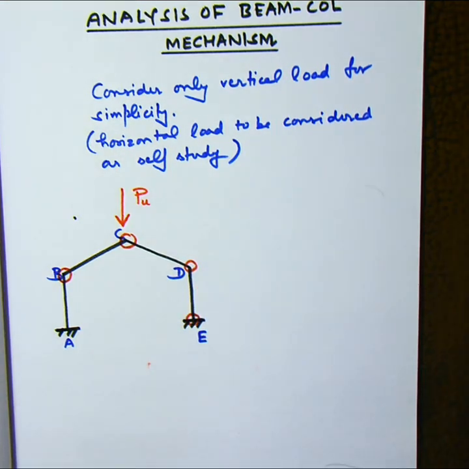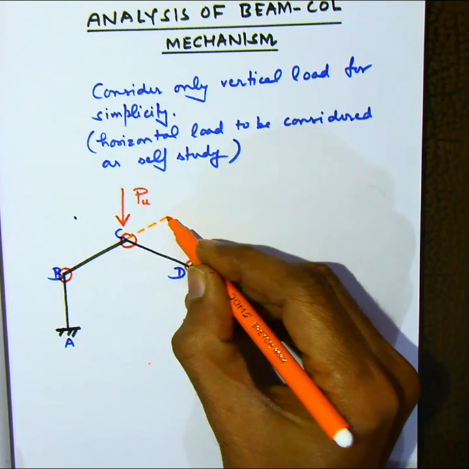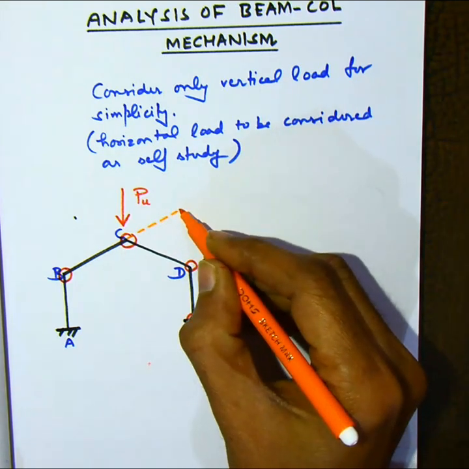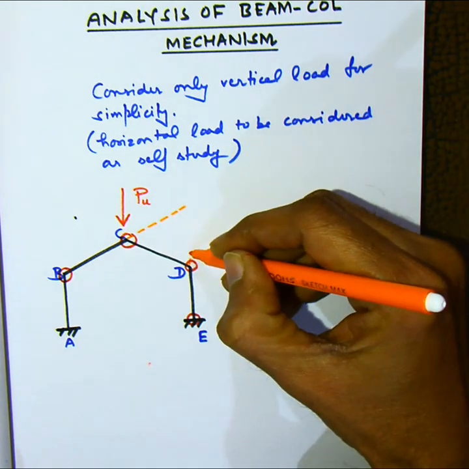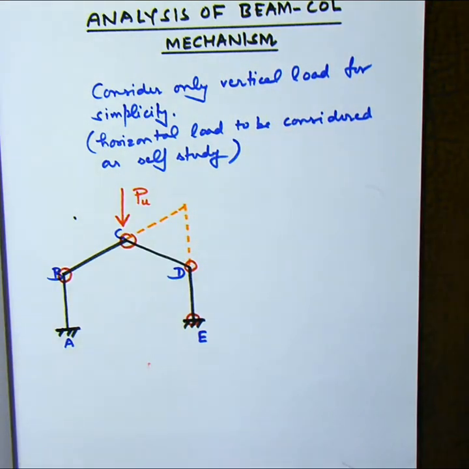Now what we are doing is extending BC and also extending ED, and both of them meet at an external point, which we are calling point I. And why are we using the symbol I? Because this is an instantaneous center of rotation for applying virtual displacements.